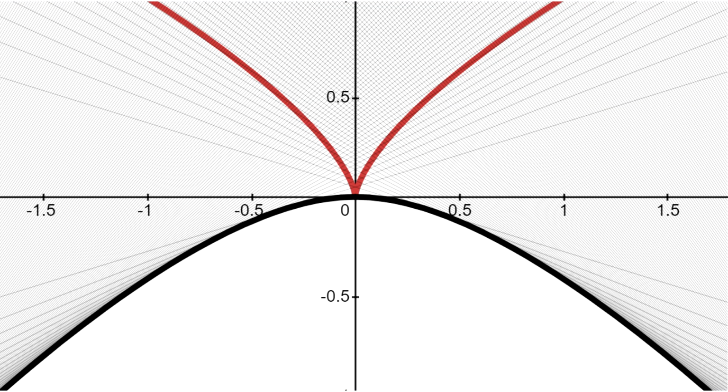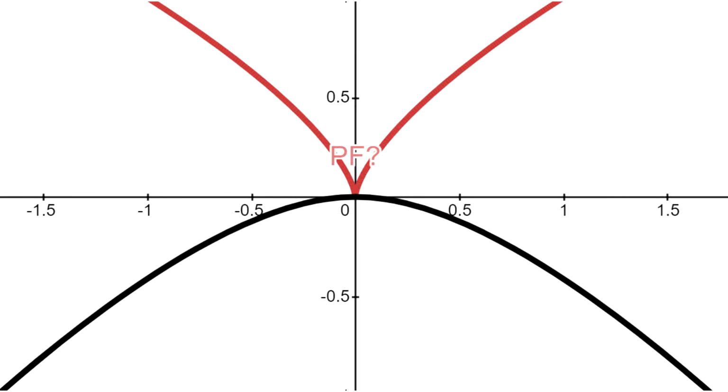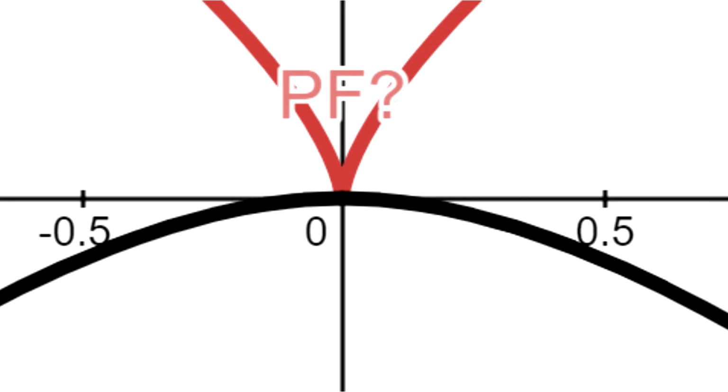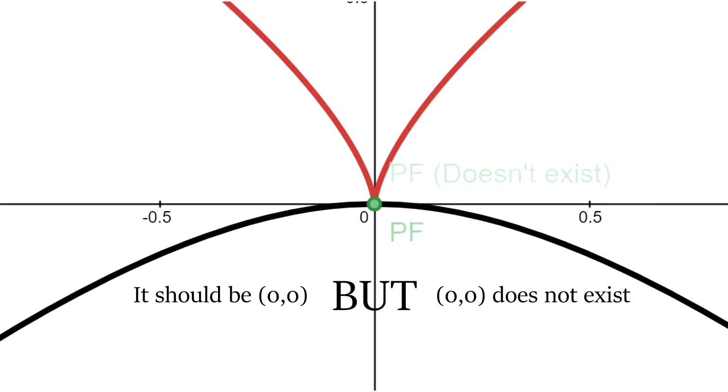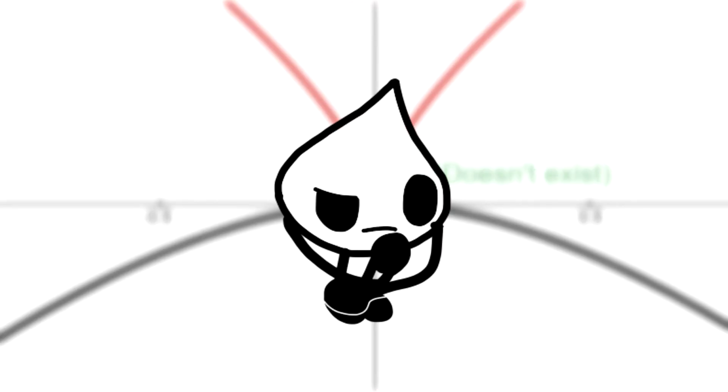Now the question is, where would the pseudo-focus be? Well, the PF is considered to be on the tip of the parabola, so it should be 0, 0. However, there's a big but statement here. It should be 0, 0, but 0, 0 does not exist in the parabola's domain. Why is this the case?